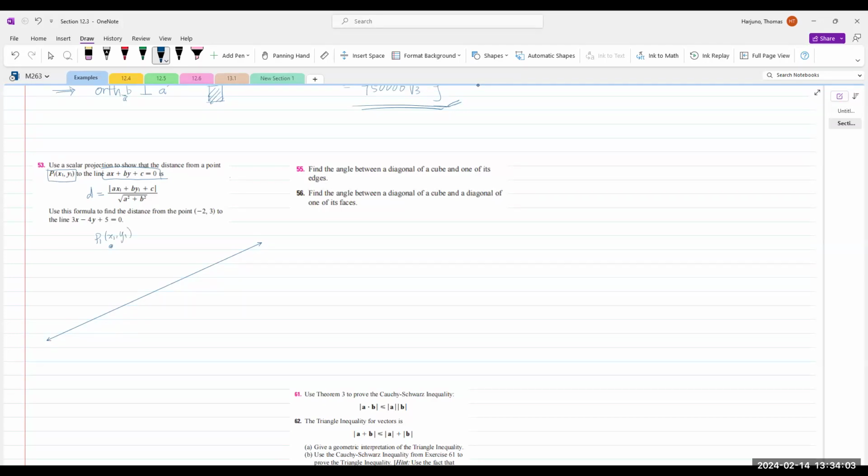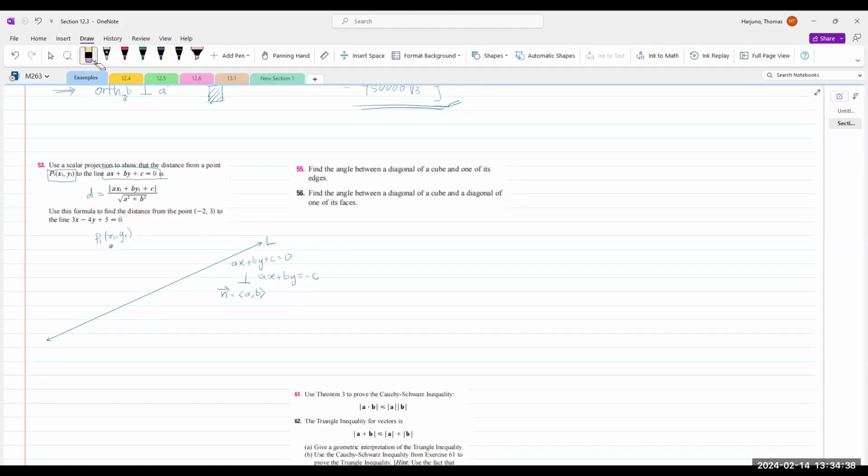And this is the line L given by ax plus by plus c equals 0. Now we have learned from an earlier question that this line is perpendicular to the normal vector AB, right? Imagine you have ax plus by equals negative c, so it's perpendicular to vector AB.